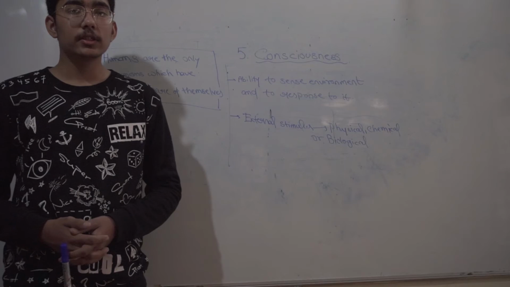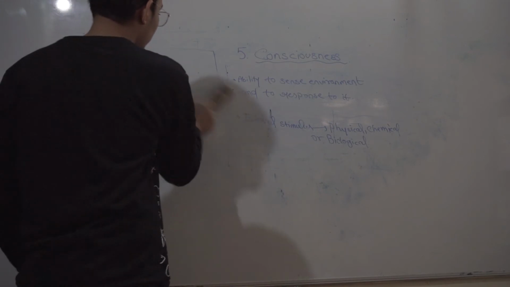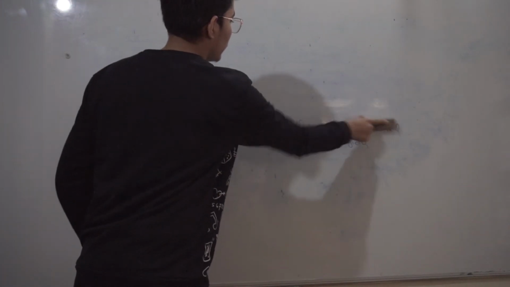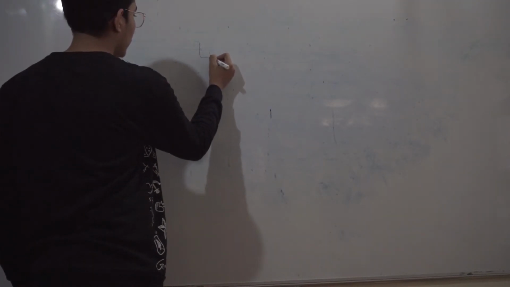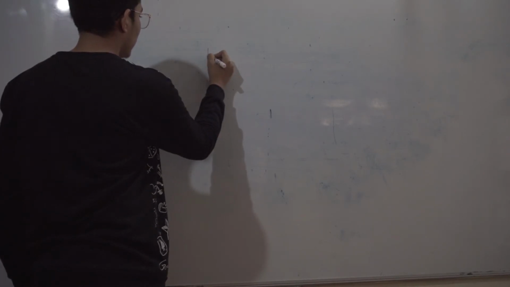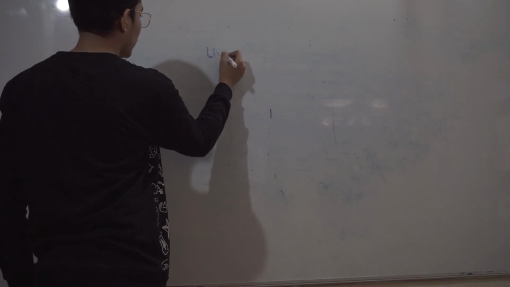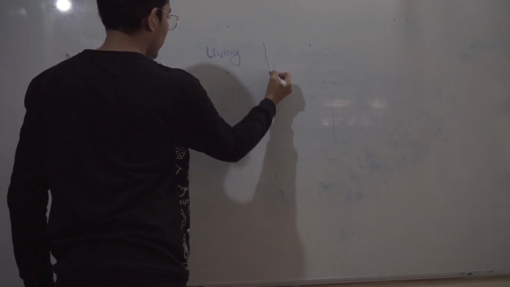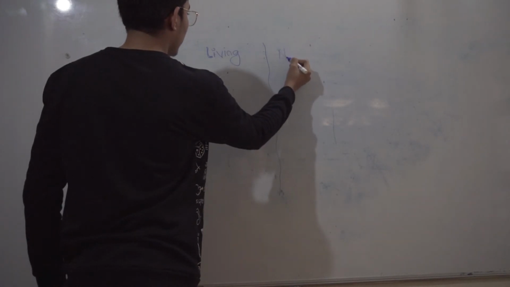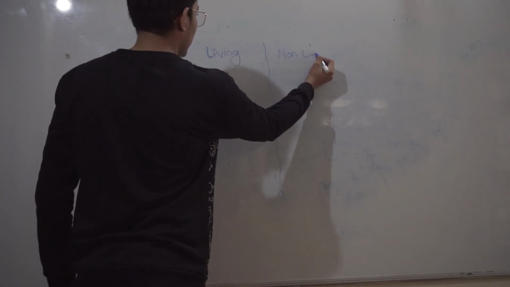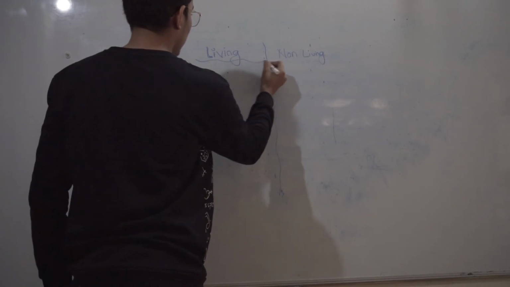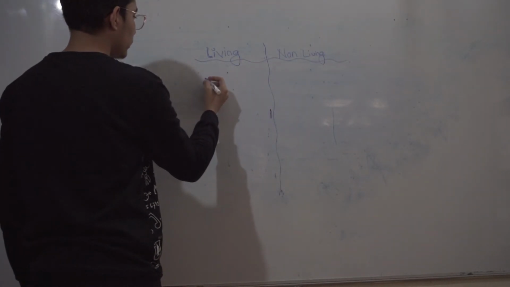So now quickly revise the five of them, living and non-living.